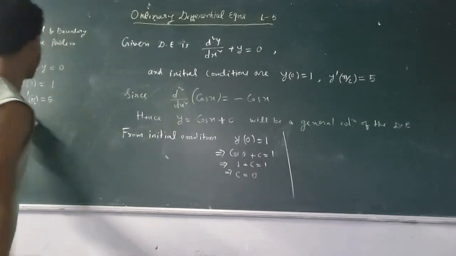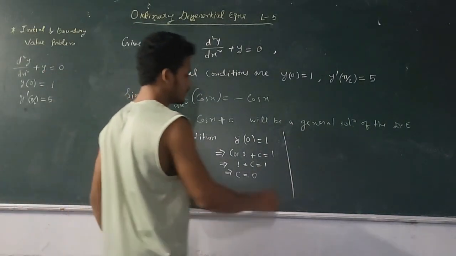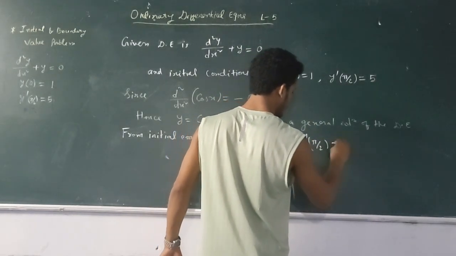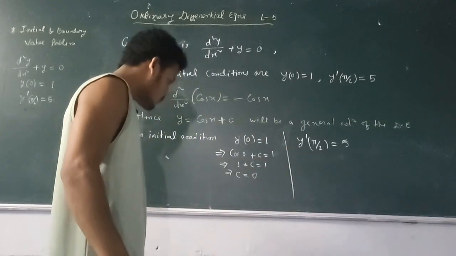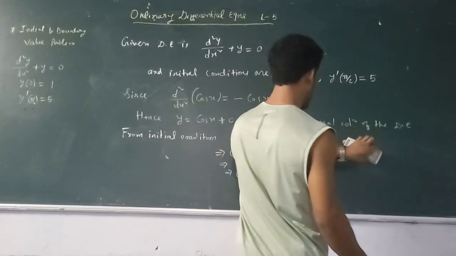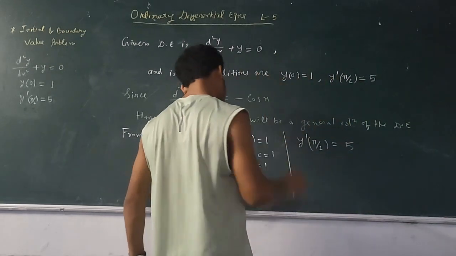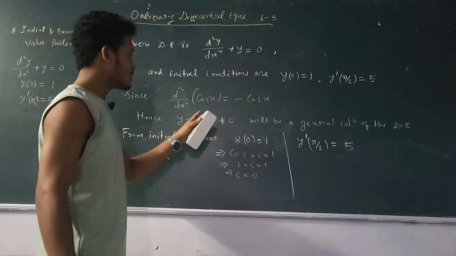Second, y dash of pi by 2 is equal to 5. This also should happen. What is y dash?